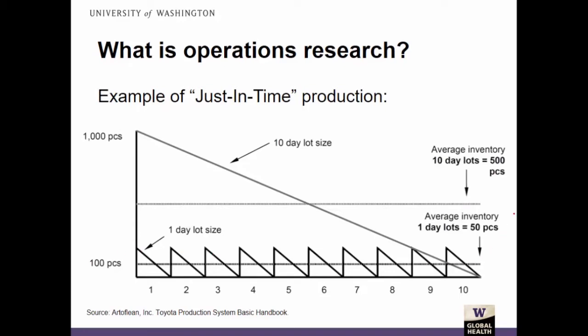pieces. So the direct benefits in the Toyota production mindset of the smaller lot size are that the money invested in materials and inventory is dramatically decreased. The warehouse space needed to store the extra materials and parts is eliminated. The ability to respond to manufacturing processes is improved. So let's say there's a problem in manufacturing.